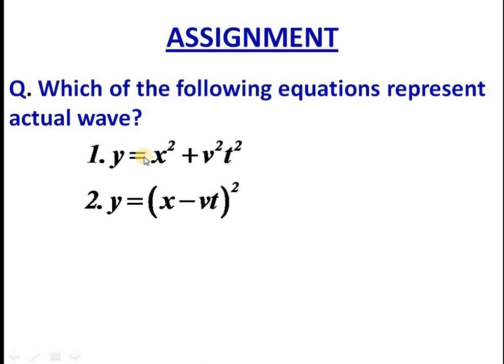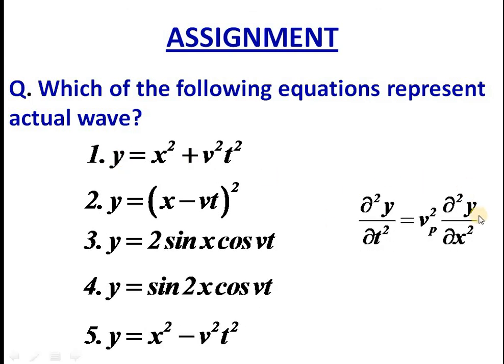You can easily prove it: take del y by del t, then take del square y by del t square. Similarly, take del square y by del x square, as we did in the previous slide. You get an equation of this kind.